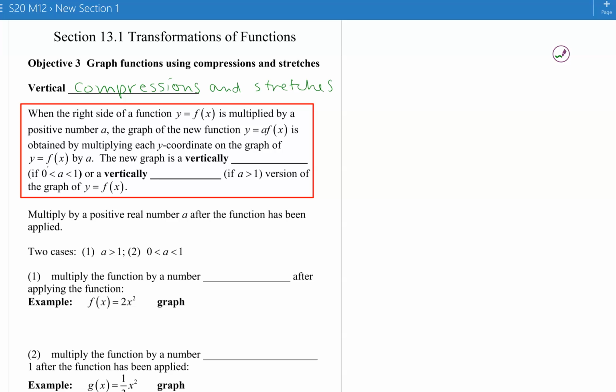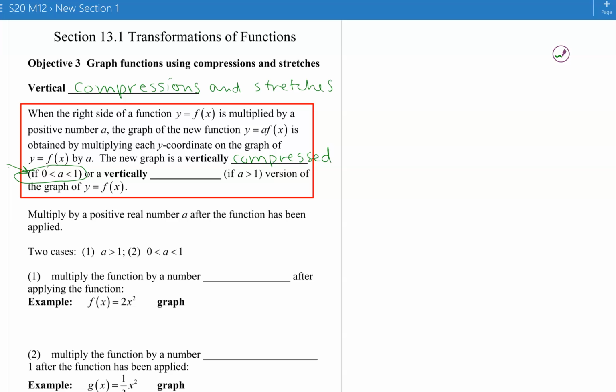So previously we had negatives told us about reflections. Adding and subtracting caused right, left, up, down shifts without changing the shape. And now we're going to be multiplying by something. And if you multiply by a number between 0 and 1, the new graph is vertically compressed.